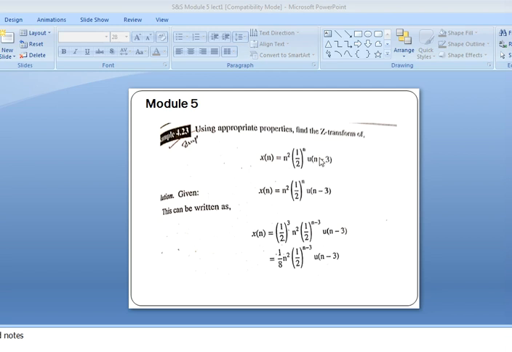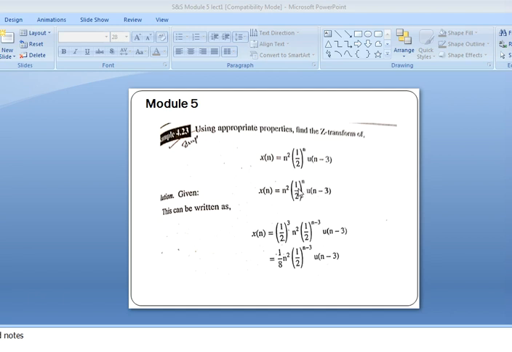The first thing in solving these kinds of problems using z transform properties is that we should have the same nature of n. I mean, if u of n minus 3 is there, we should have half raised to n minus 3. So for that we adjust this and write it in this fashion.